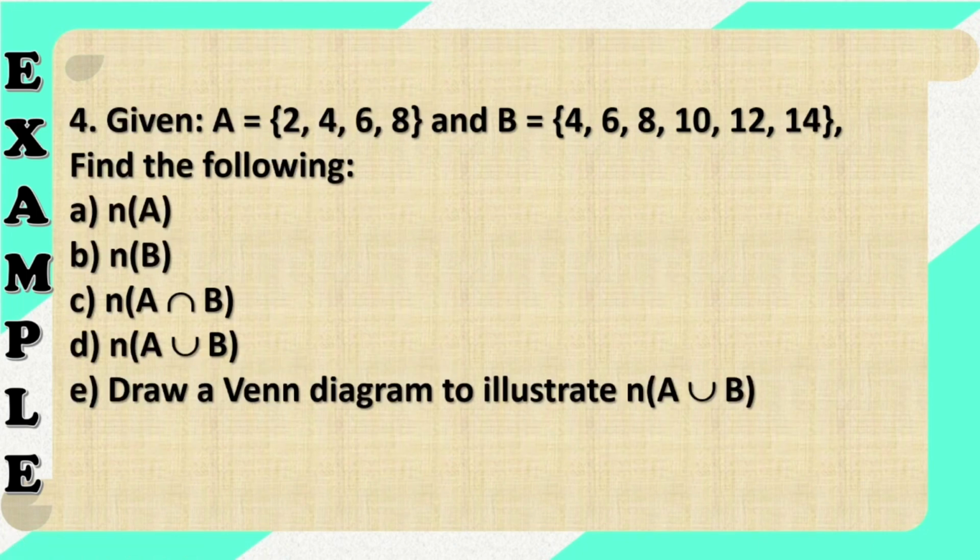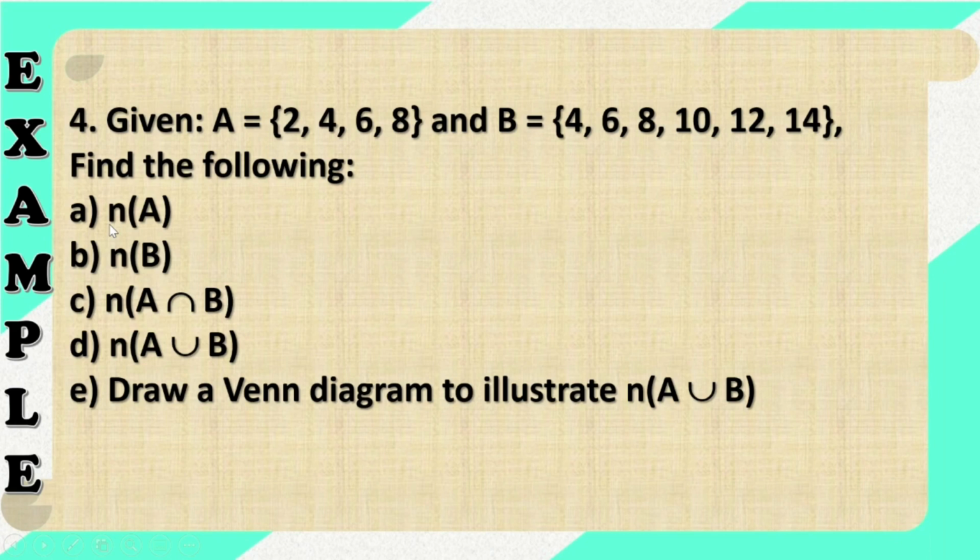Example number 4. Given set A, the elements are 2, 4, 6, and 8. In set B, the elements are 4, 6, 8, 10, 12, and 14. Find the following.